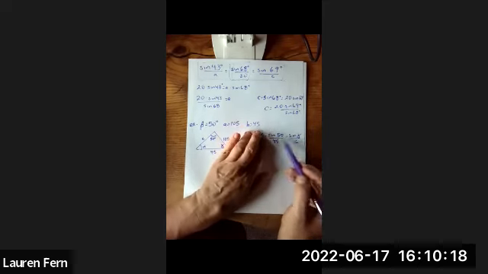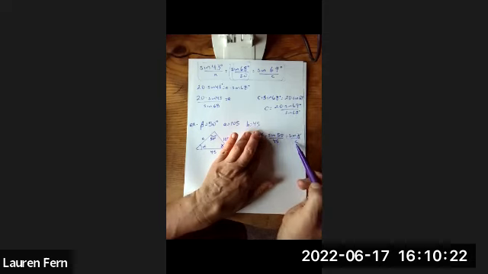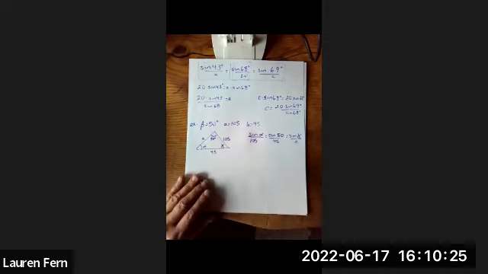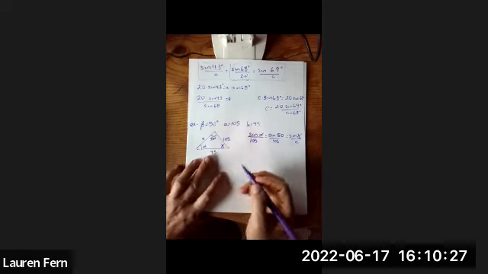Because if I was to look at this equivalence here and cross multiply, I've got two unknowns. And there's nothing that we would be able to solve at this point.